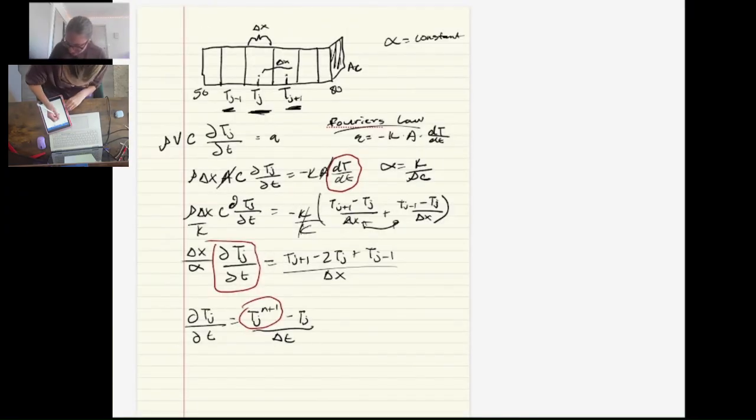I'm just going to go to the next page. So we have our delta X over our thermal diffusivity times TJ n plus 1 minus TJ n, and then we're going to have that as a T. I'm going to make this smaller.